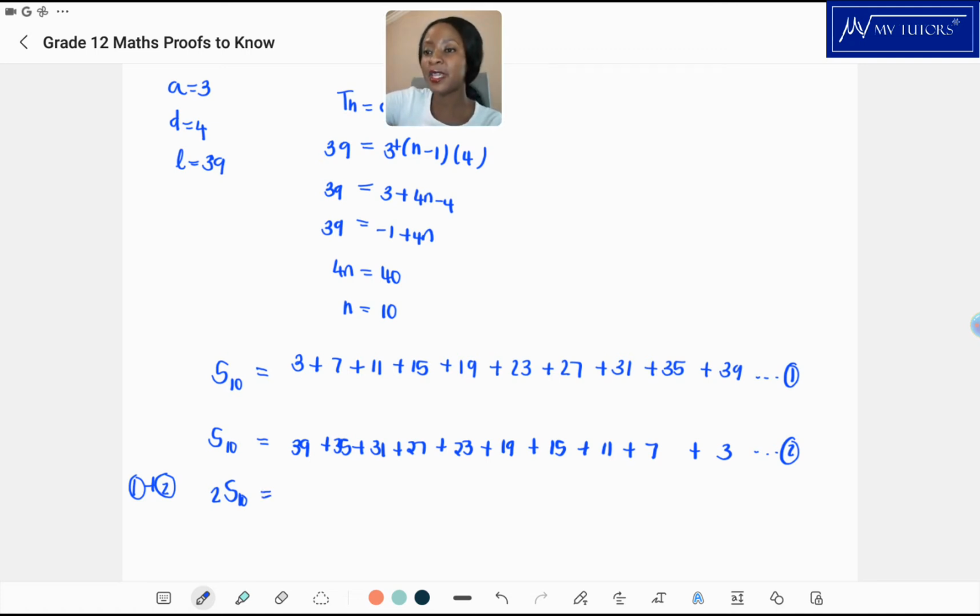Okay, and then 3 plus 39, okay, that will be 42. 7 plus 35, that will also be 42. Okay, 11 plus 31, that will be 42. So you can see the trend here. We keep on getting 42. So I need to make sure it's actually 10 42s.